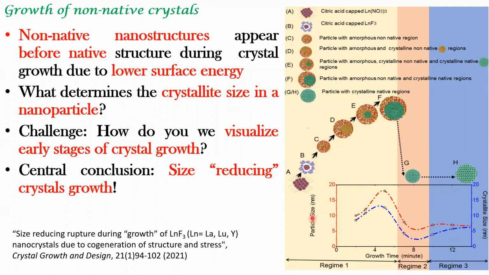What we see here is that when a native structure is formed, before the formation of the native state, there are a lot of precursor states. For example, the precursor state can be just a precursor itself. Let's say you are involved in the formation of lanthanum fluoride. You assemble lanthanum fluoride using different precursors, and then first you form an amorphous structure.